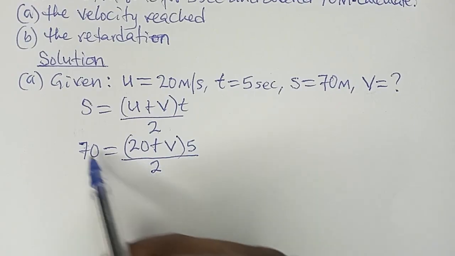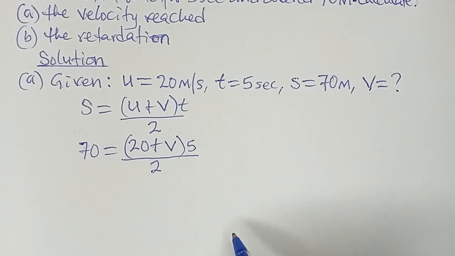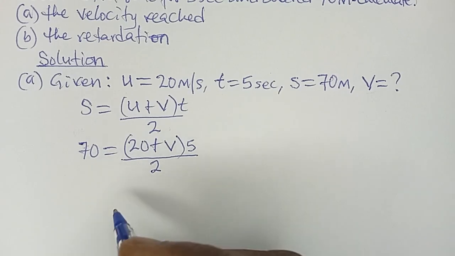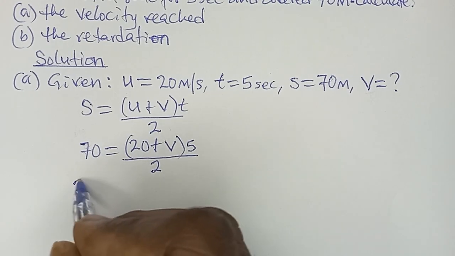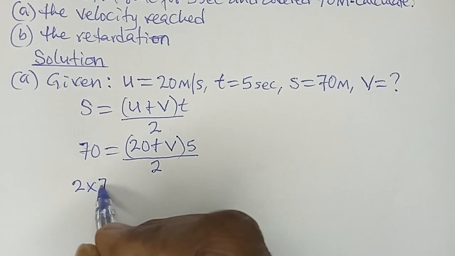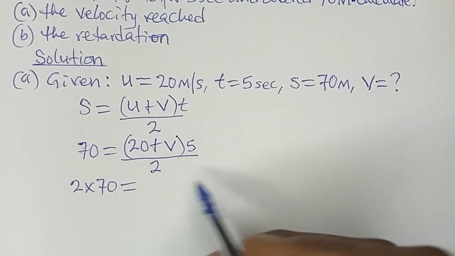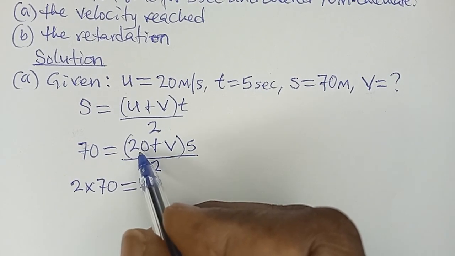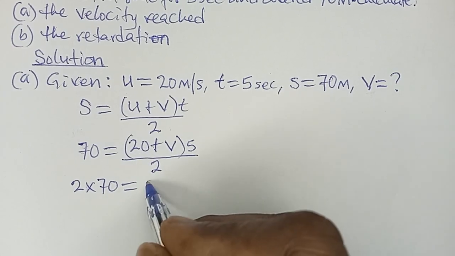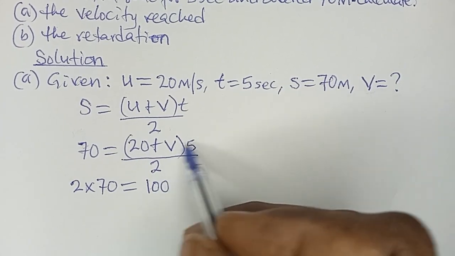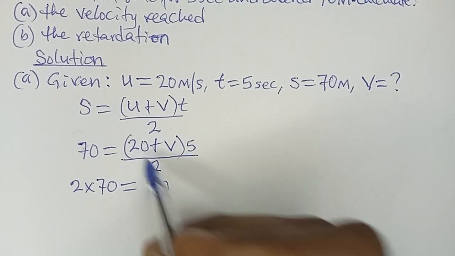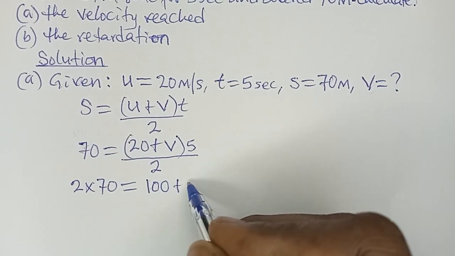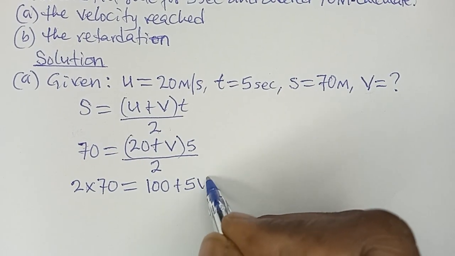So now I can cross multiply. These two multiply 70, and that will give us 2 times 70, and that will be equal to 5 multiplied by 20. I'm expanding this bracket now. 5 multiplied by 20 is 100. 5 multiplied by V will give us positive 5V there.